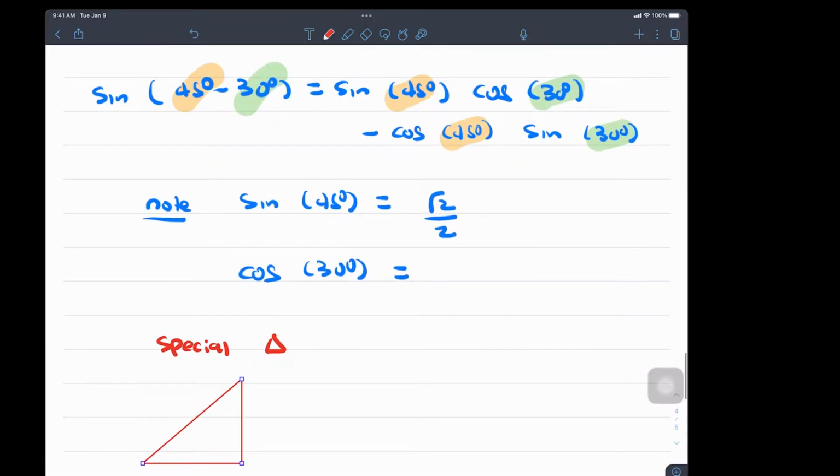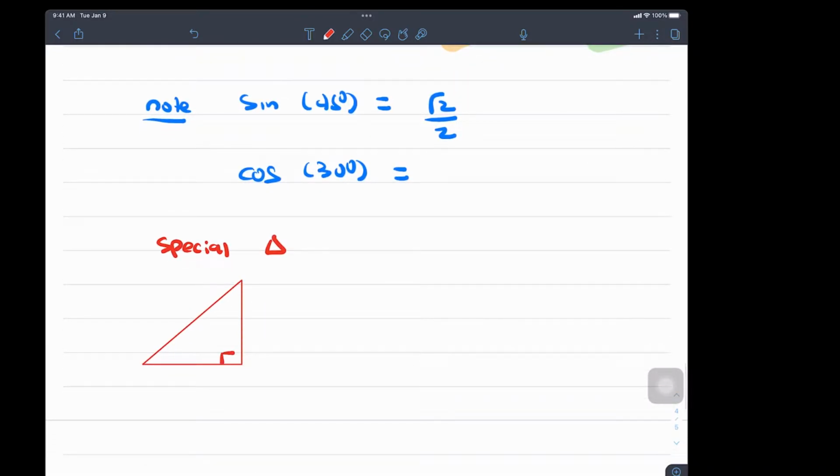Just two special triangles. The 45: 1, 1, square root of 2. What's the other one?